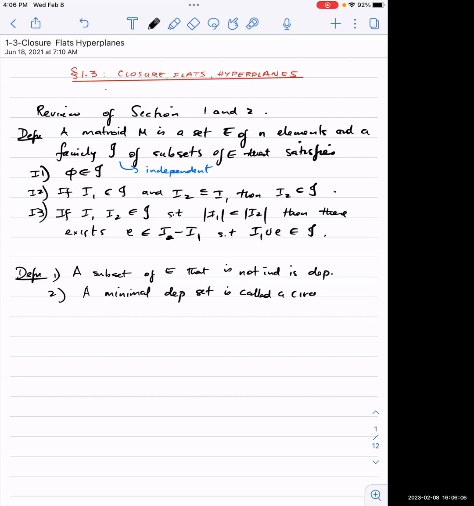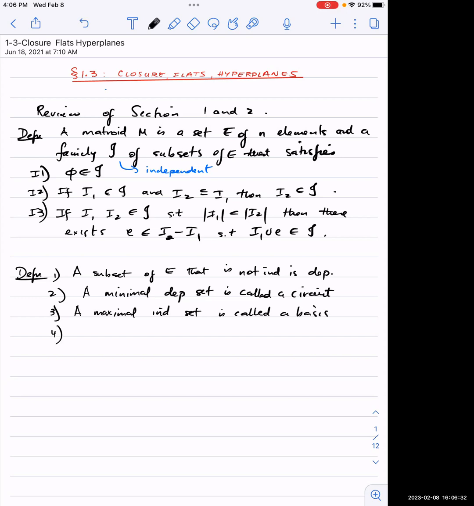And this is an unfortunate clash of terminology because the circuits here really correspond to the cycles in a graph, and circuit means something else in a graph. That's something you have to always remember when doing matroids. A maximal independent set is called a basis. Great name here.